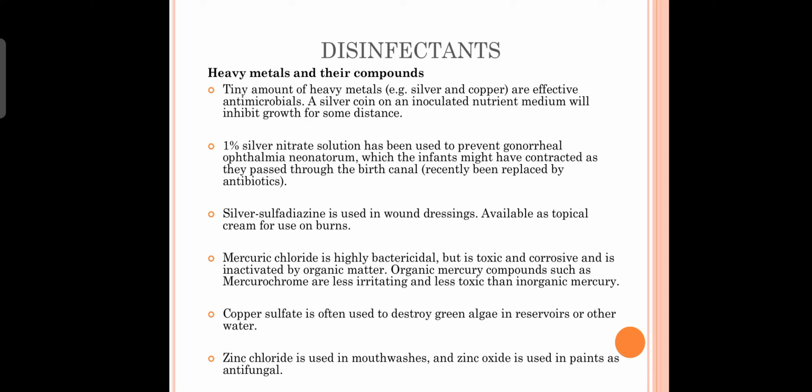Zinc chloride is used in mouthwash and zinc oxide is used in paint as an antifungal. So there are different types of chemicals available which I can use as disinfectants for removing microorganisms from an object or any surface. With this we have completed all the chemical methods of sterilization and disinfection.